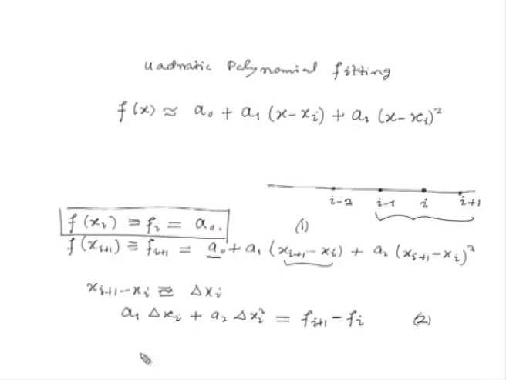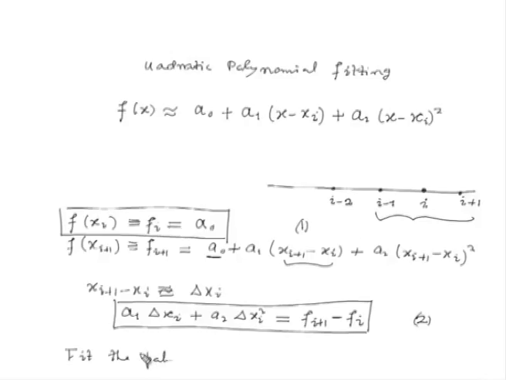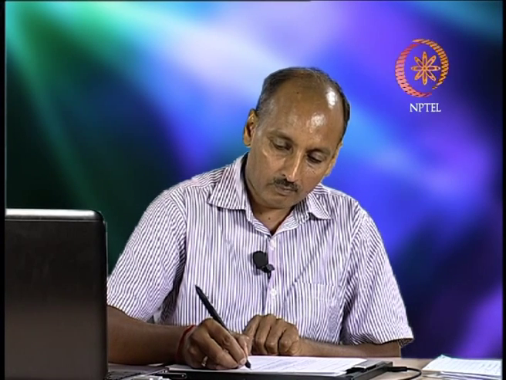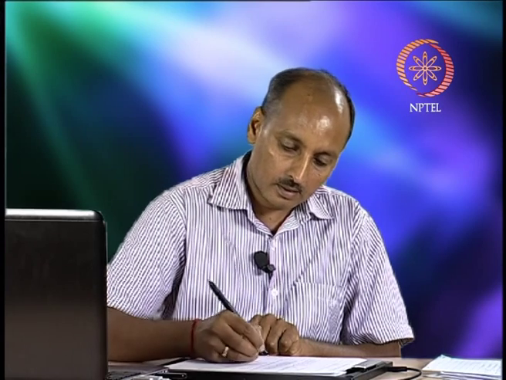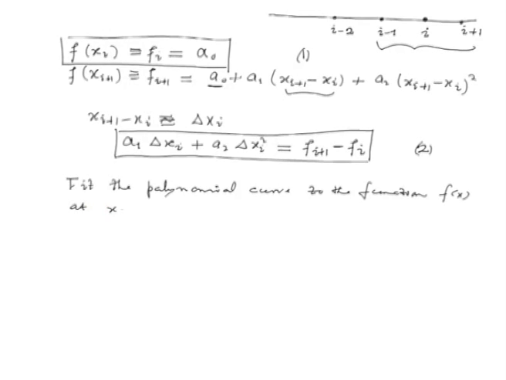So, this becomes our second equation. Now, let us fit this polynomial at point i minus 1. So, fit the polynomial curve to the function f(x) at x is equal to xi minus 1, then what we will get?